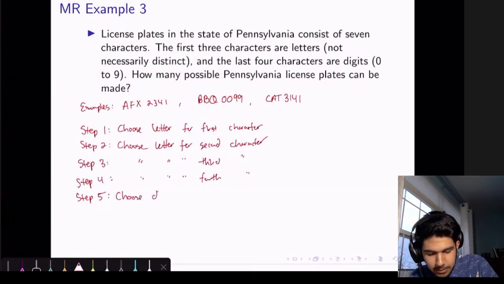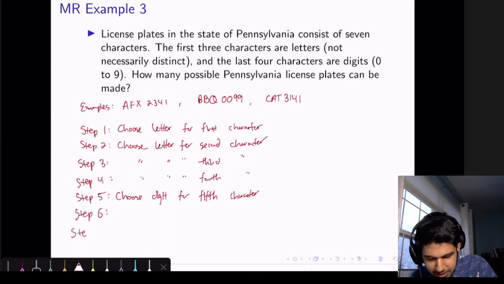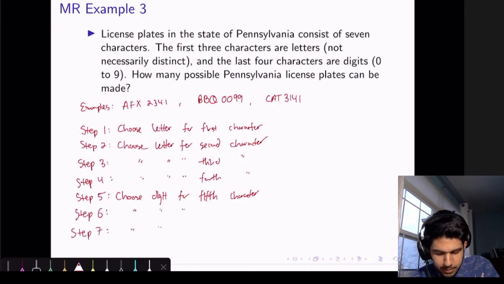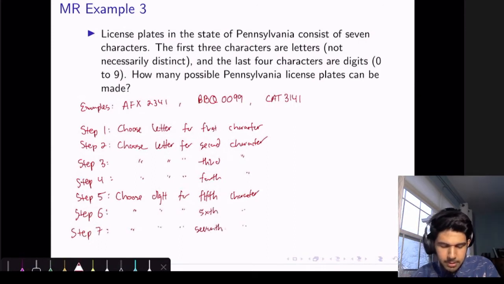Choose digit for fifth character. And then steps 6 and 7, and there's only 7 steps because the license plate only has 7 characters to it. They follow similarly because they're also only digits.